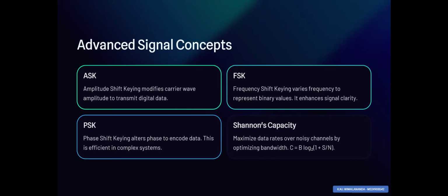The formula C = B log2(1 + S/N) shows that the capacity C depends on the bandwidth B and the signal to noise ratio S/N. This formula helps engineers optimize bandwidth allocation and design effective communication systems.